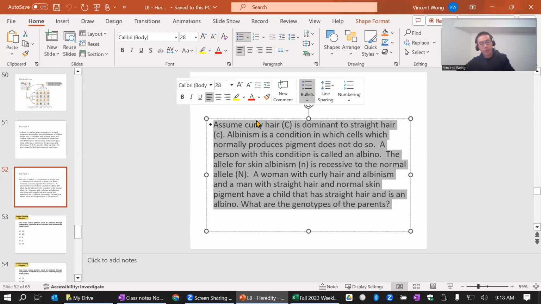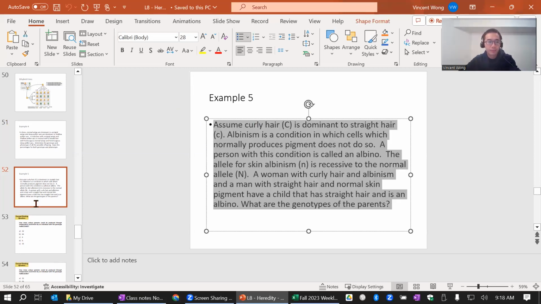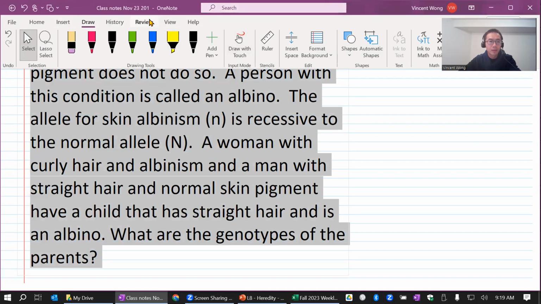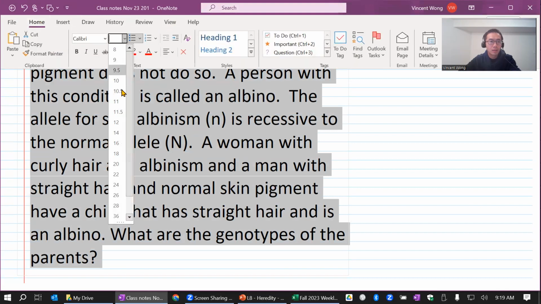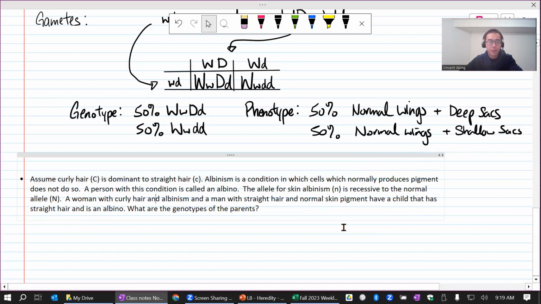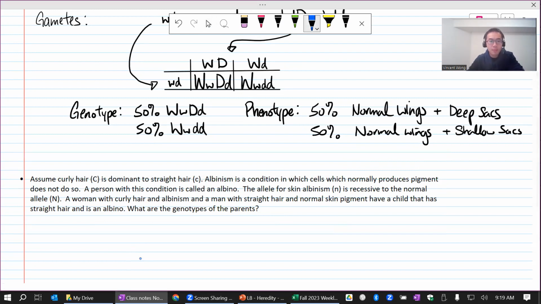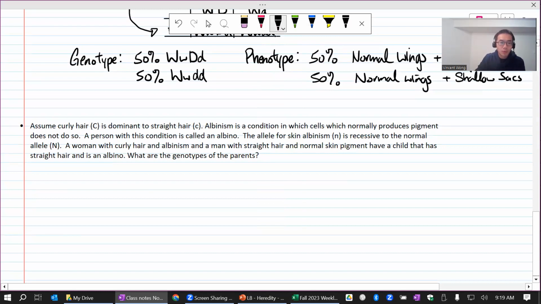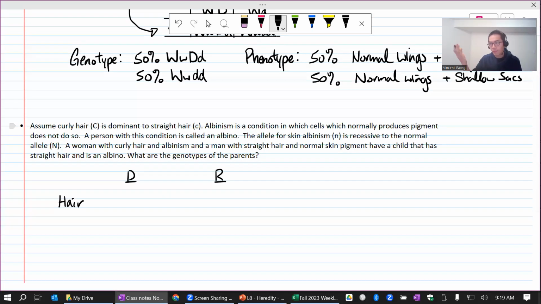Okay, so let's do another question here. All right, I'll read it to you. Assume curly hair, big C, is dominant to straight hair, small c. So one of the characters is hair. We have dominant and recessive, and the question already created the variables for us, even better.